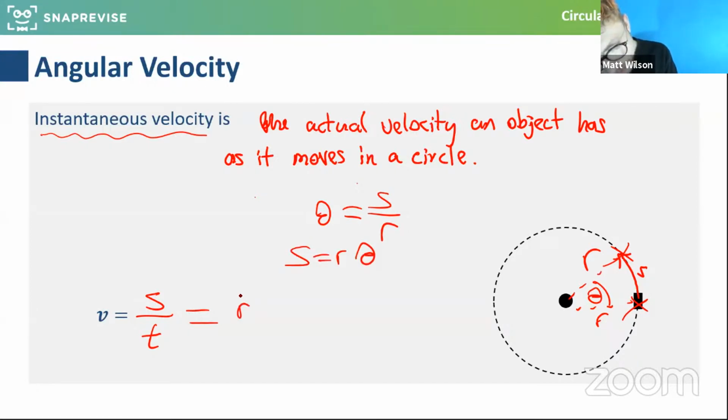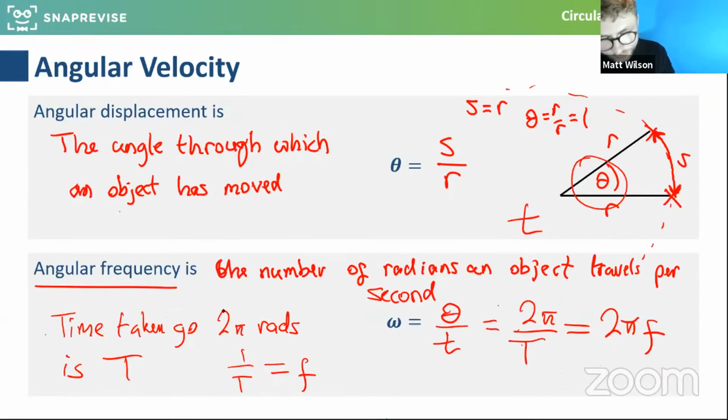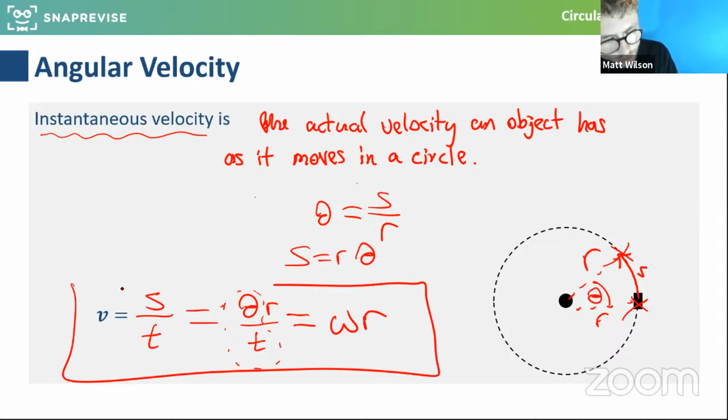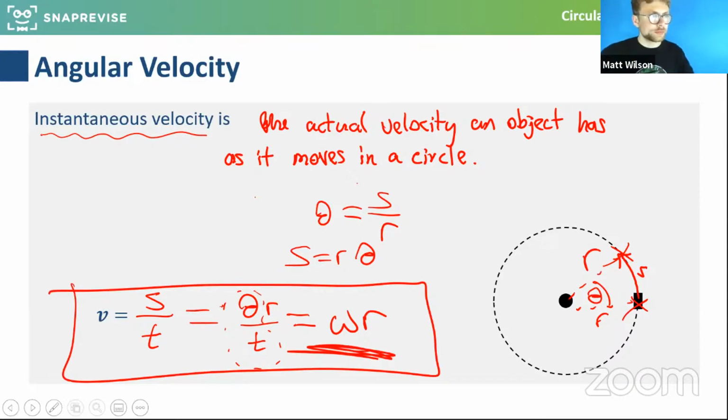So then we have this thing being equal to theta r over t. And the great news about this is this theta over t bit is a quantity that we defined in the previous section. Theta over t was this angular frequency. So we have a very convenient formula, which is normal velocity is given by angular frequency times radius. So this last formula here is really worth remembering.